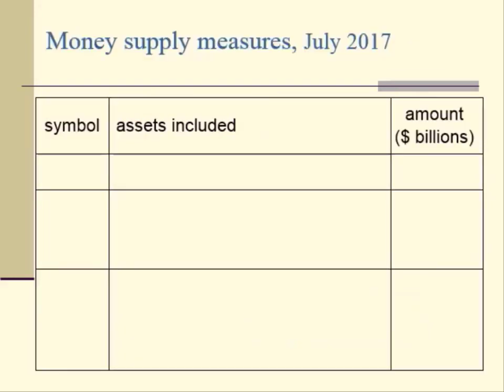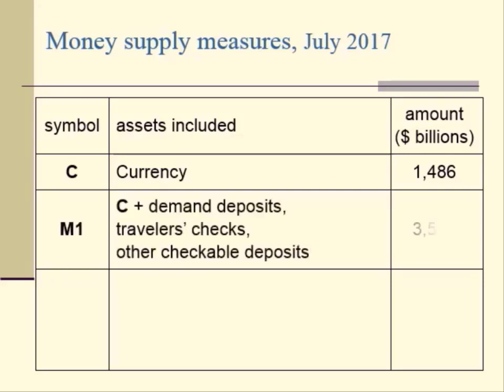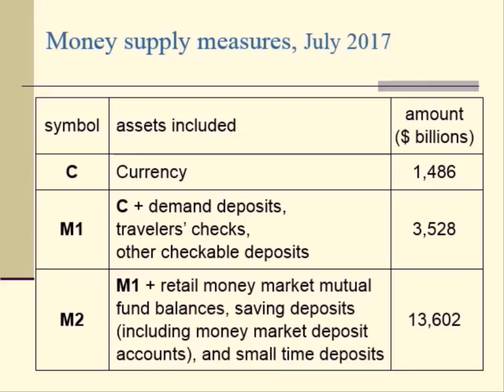So how would the quantity of money be measured? There are several different money supply measures. The most liquid asset, first, is the currency, that is bills and coins. Then, M1. M1 consists of the currency and demand deposits, traveler's checks, and other checkable deposits. M1 is known as narrow money. Then third, M2.